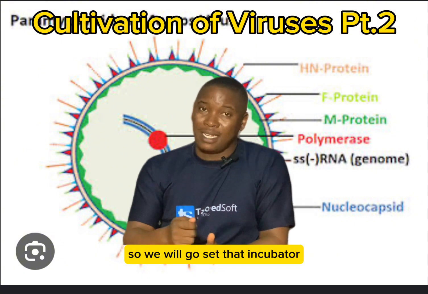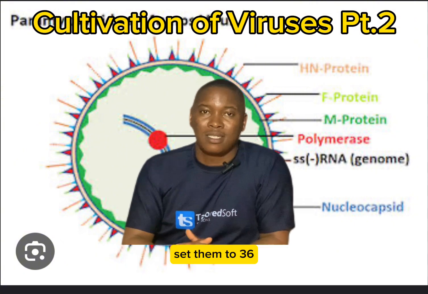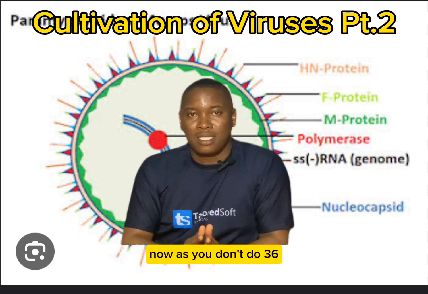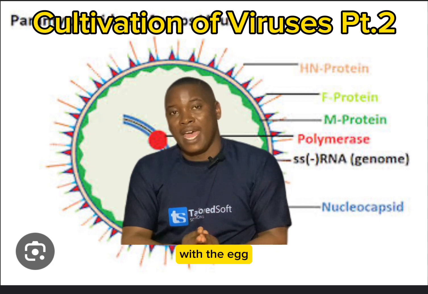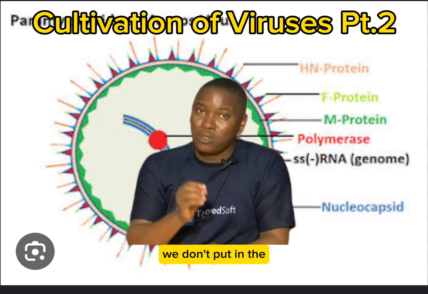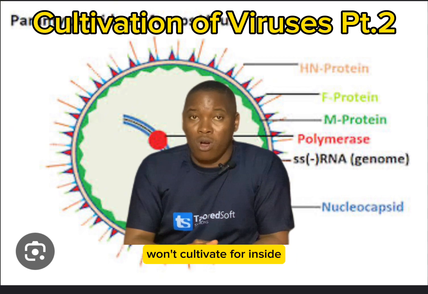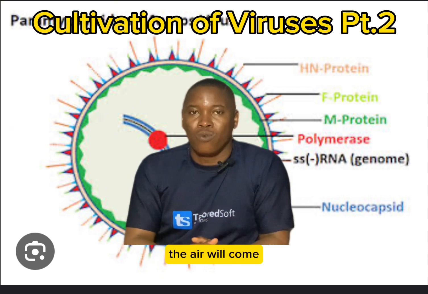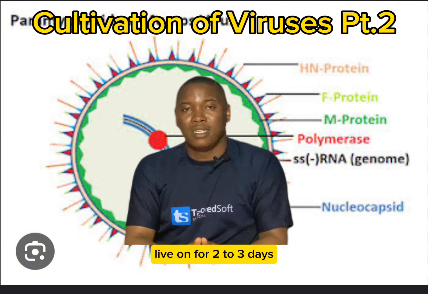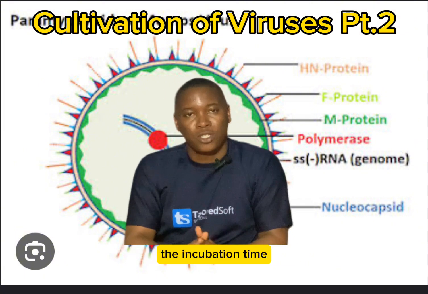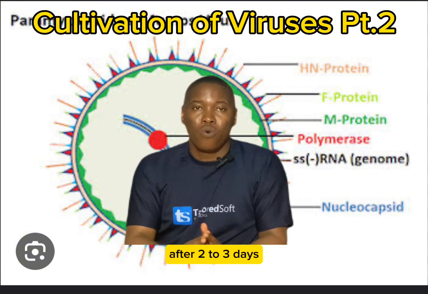So we set that incubator to 36 degrees Celsius. Now, with the egg inside at 36 degrees Celsius, and that egg having the virus we want to cultivate, we leave it for 2 to 3 days. This is the incubation period, the incubation time. After 2 to 3 days, we bring out the egg.